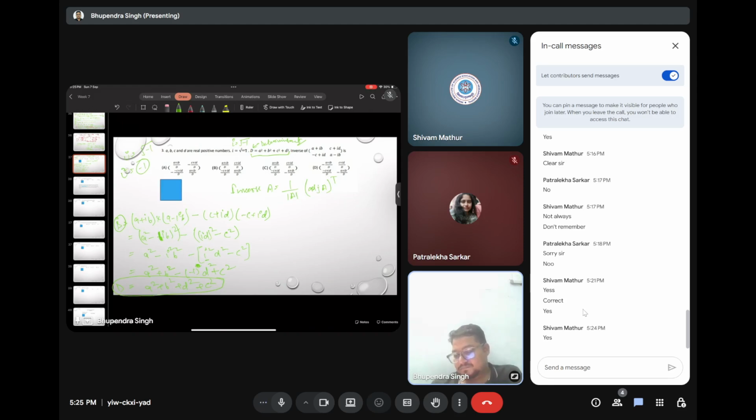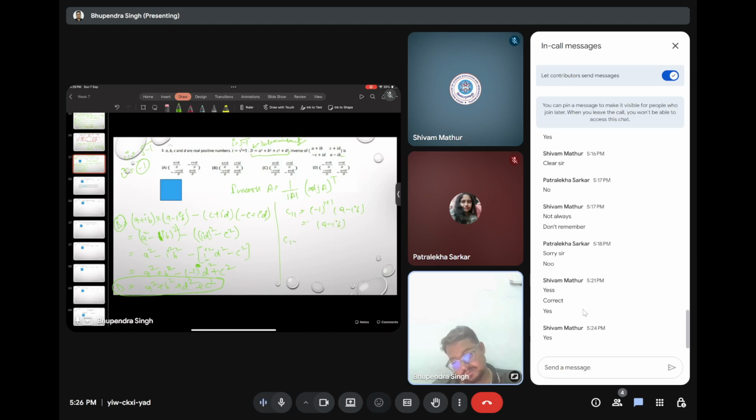Okay, now try to find out the adjoint. How to find the adjoint? First, start building the cofactors. C11 is minus 1 to the power 1 plus 1, times the element diagonally opposite to 1 1, which is A minus iB.